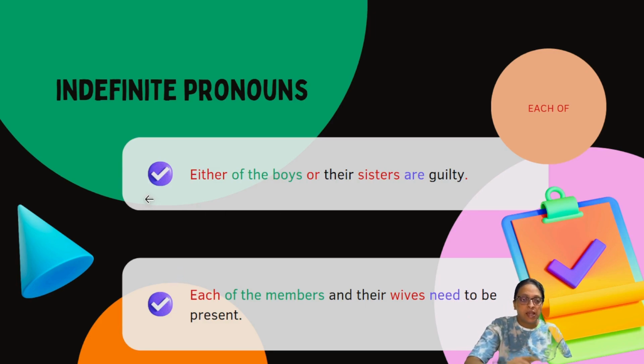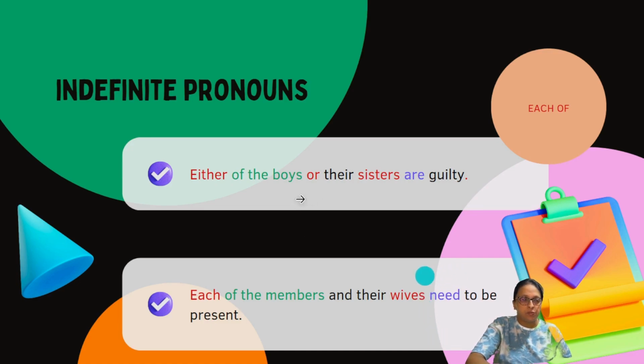But in this sentence, we have again added a conjunction, that is "and", and after that we have added a plural subject, a plural noun, which is wives. We want to mean every individual member and along with that their wives. We mean plural people here, plural persons. Therefore, we have taken a plural verb.